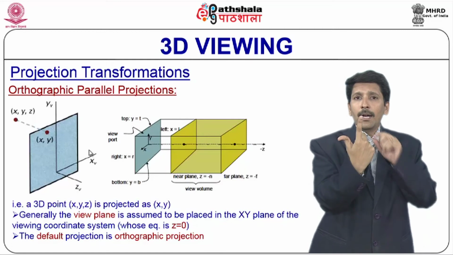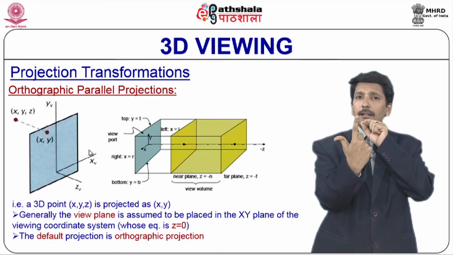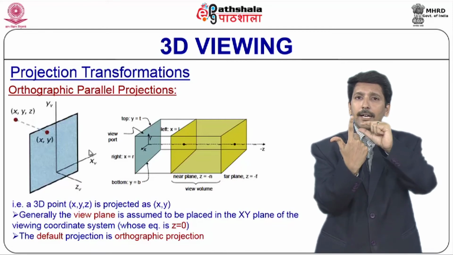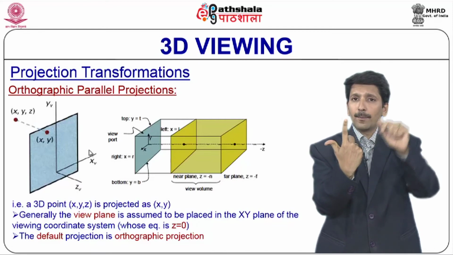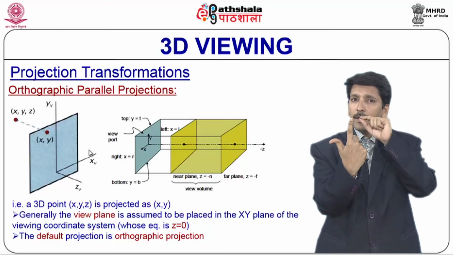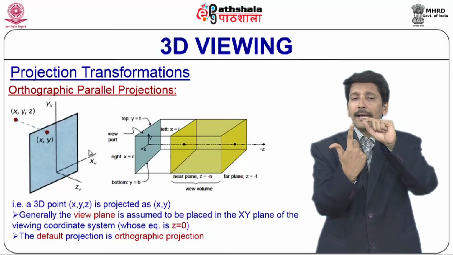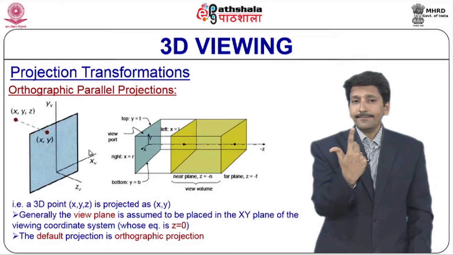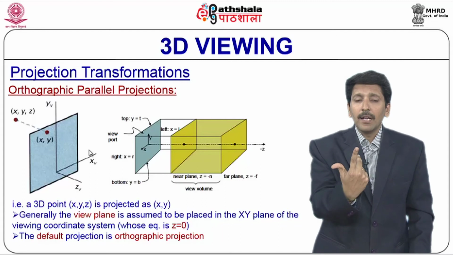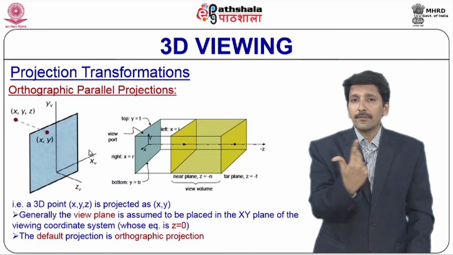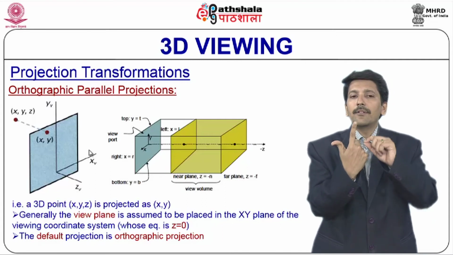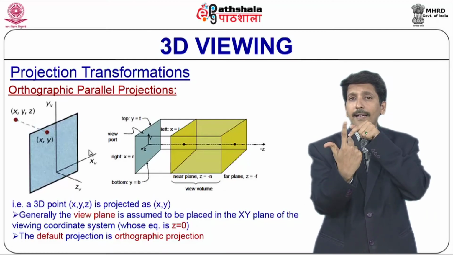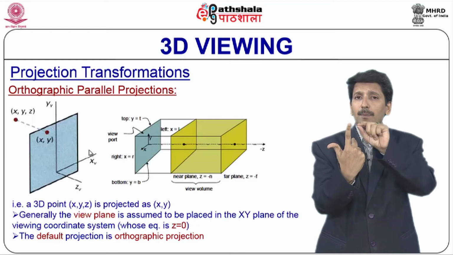Now, when we project a point onto the view plane along the direction perpendicular to the view plane, then when it hits the view plane, the z coordinate becomes 0. Because the view plane is within the xy plane, the z coordinate will be 0. Now, the projection is orthogonal projection.